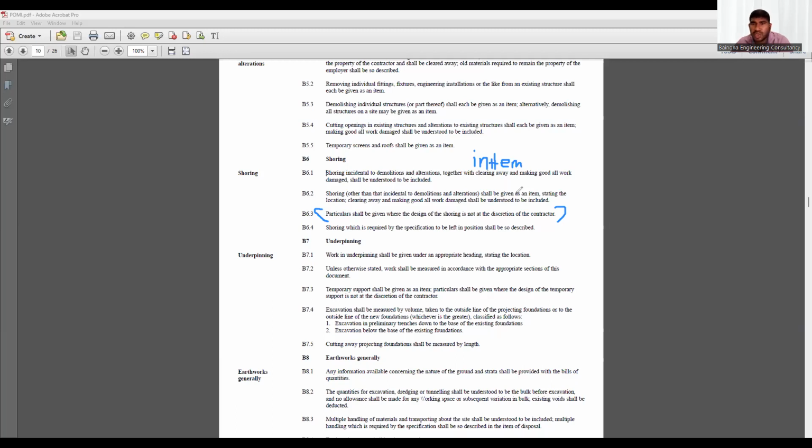For example, I owe to him. This is what my client, my owner, is paying me for this construction of this piling work. I will indemnify him against the damage. If there is damage, my insurance will cover the damage. So that is indemnify. Indemnify means I will protect him from any damage.